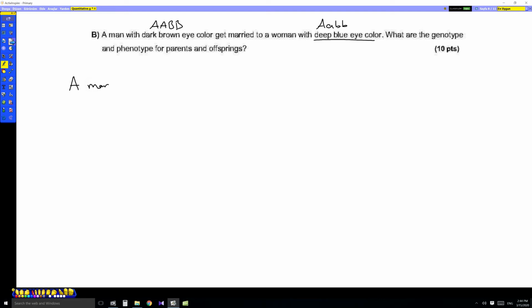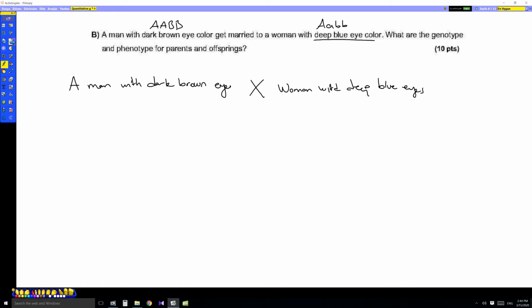So a man with dark brown eyes marries a woman with deep blue eyes.